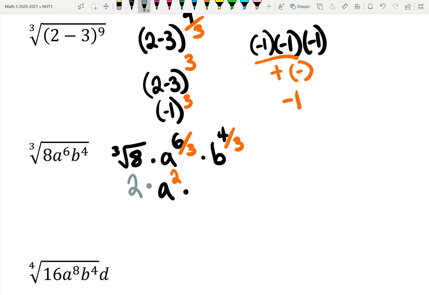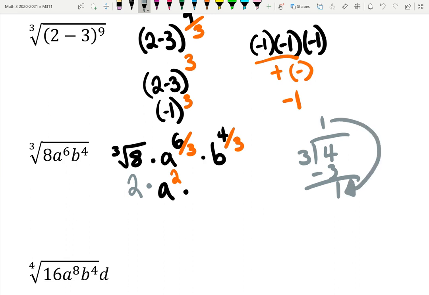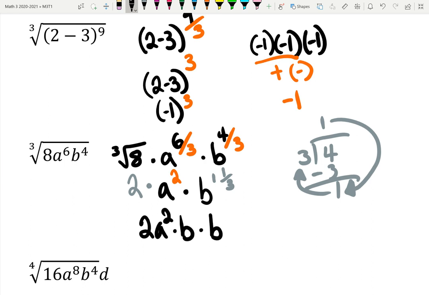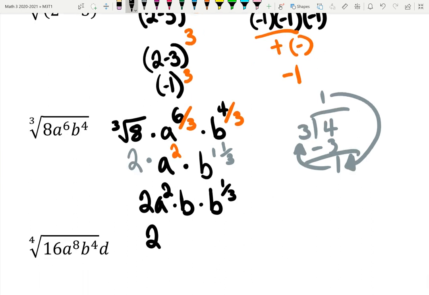Well, when I do 4 divided by 3, 3 goes into 4 one time, meaning that my mixed representation is going to be b to the 1 and 1/3 power. I'm going to split this guy up, so it's going to be 2a squared times b to the 1/3, and then I'm going to rewrite the fractional as a radical. It's going to be the cube root of b.